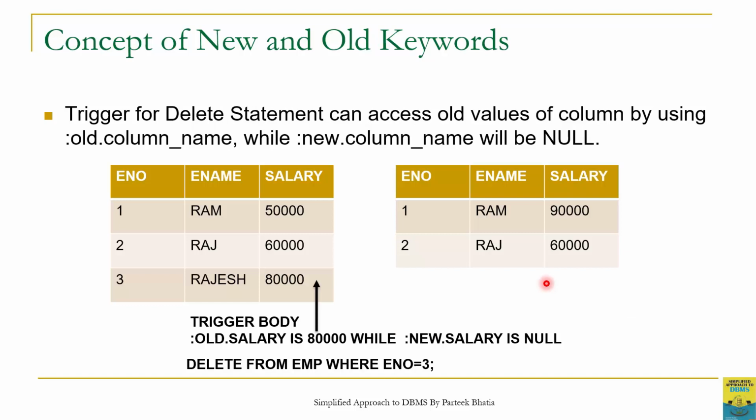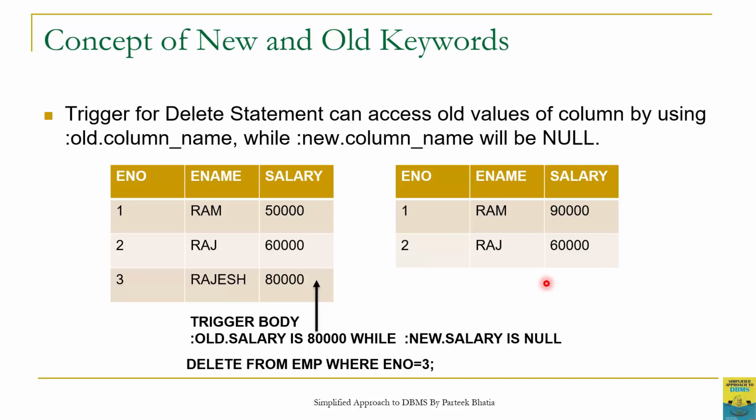And in case of trigger on delete statement, it can only access the old values of the column by using keyword "old dot column name", while "new dot column name" returns null values.